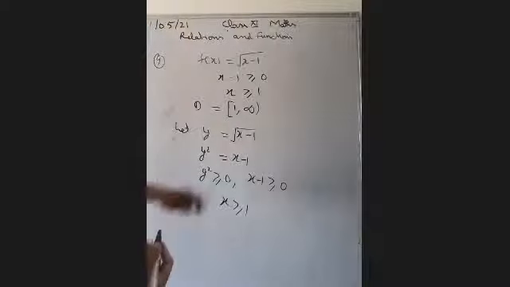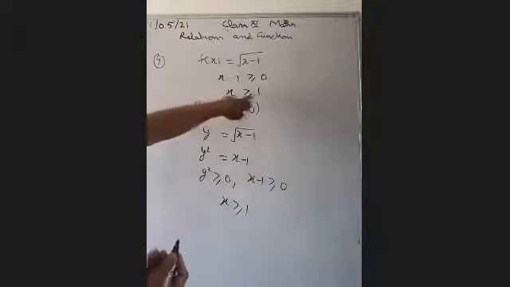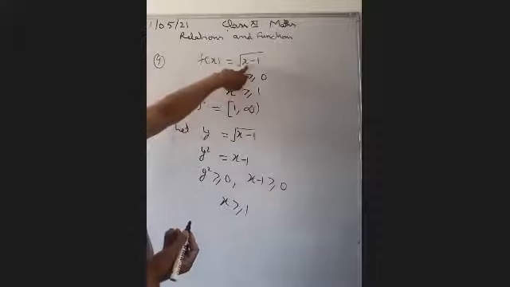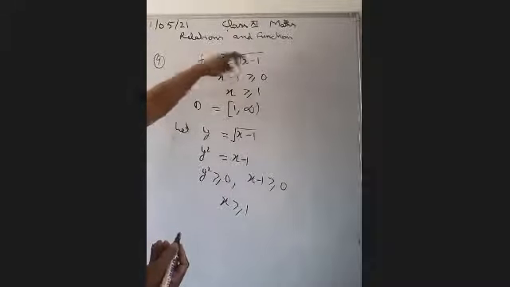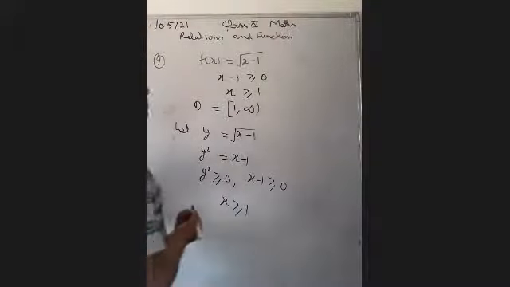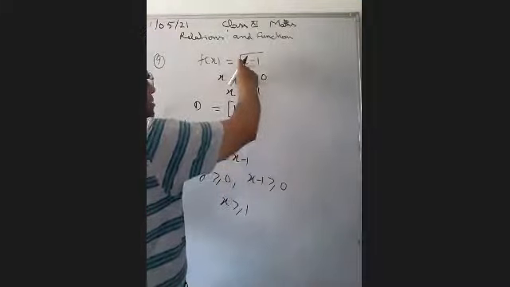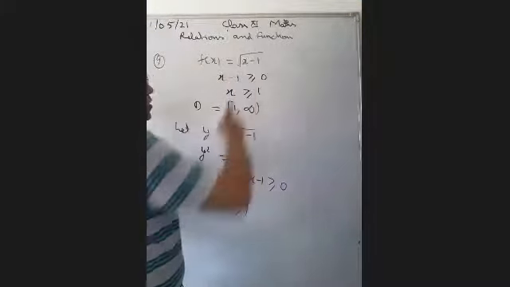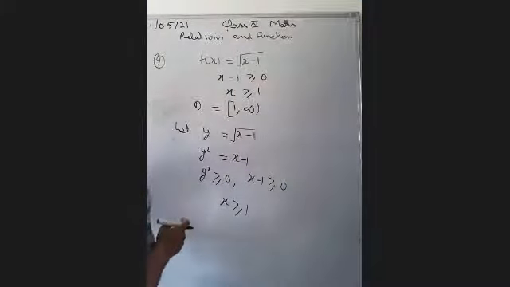As you observe here, if we take x equal to 1, we will get 0. If we put 1 here, we will get the value 0, or if we take x equal to 1.1, the minimum value is 0 and the maximum value is unlimited.